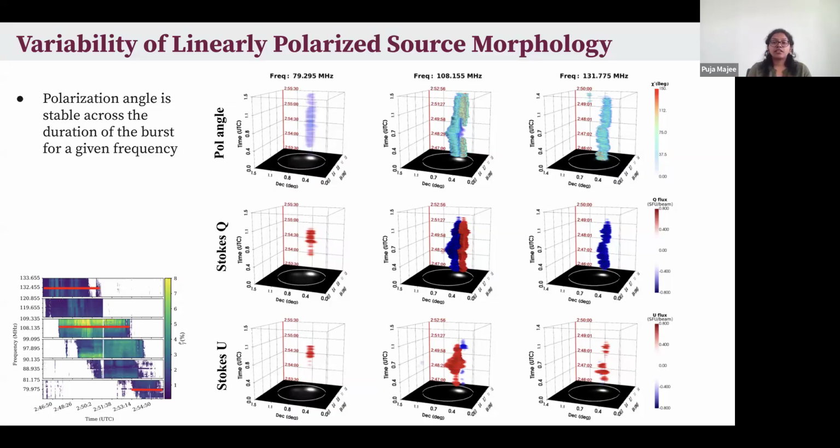But we do see linear polarization here, and we also don't see any change of polarization angle across the duration of the type 2 burst, which is telling you that after the generation of this linear polarization, effectively no Faraday rotation has occurred on this linearly polarized emission.